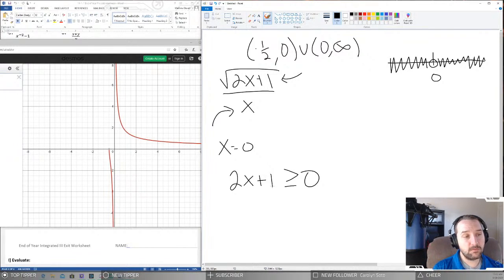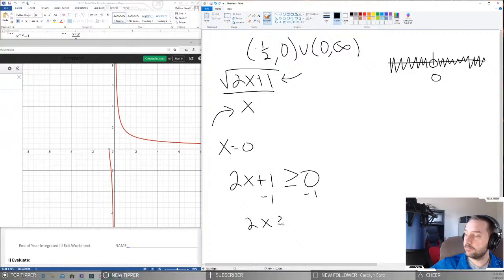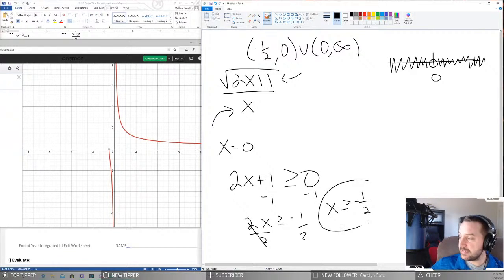Now we can solve that inequality. Subtract 1 on both sides. Divide everything by 2. And so I get x is greater than or equal to -1/2. I want to take this statement and look at what it would look like on a number line.